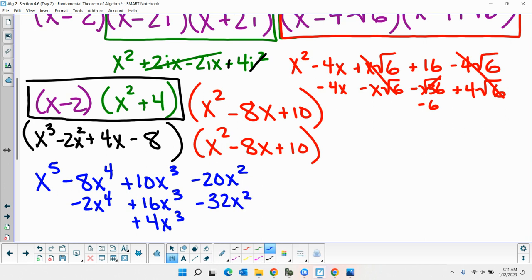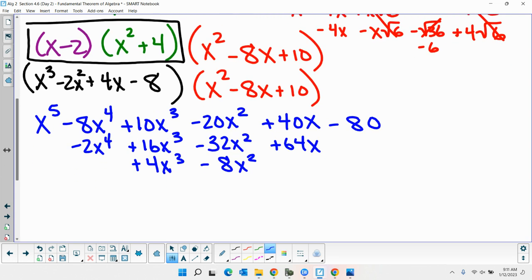And 4x times 10 is 40x. Negative 8 times x squared is negative 8x squared. Negative 8 times negative 8x is positive 64x. And negative 8 times 10 is negative 80.